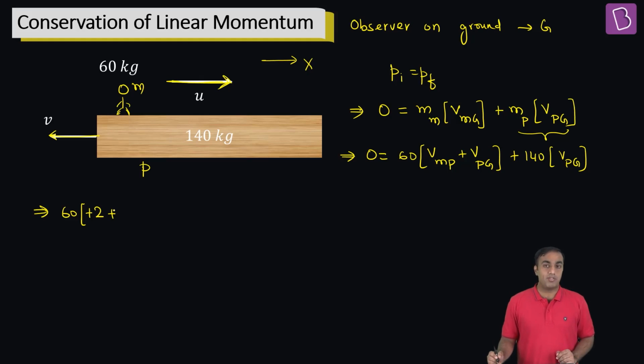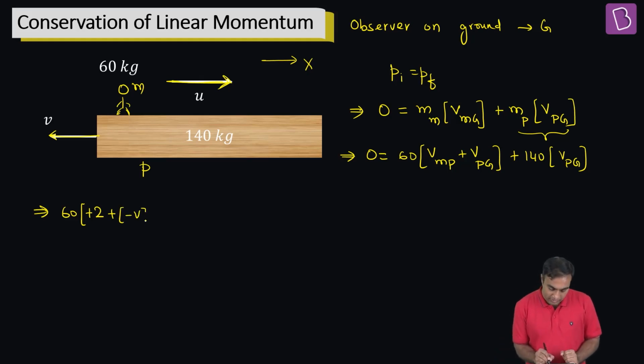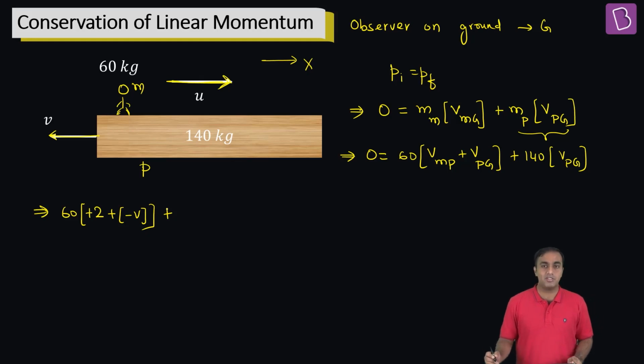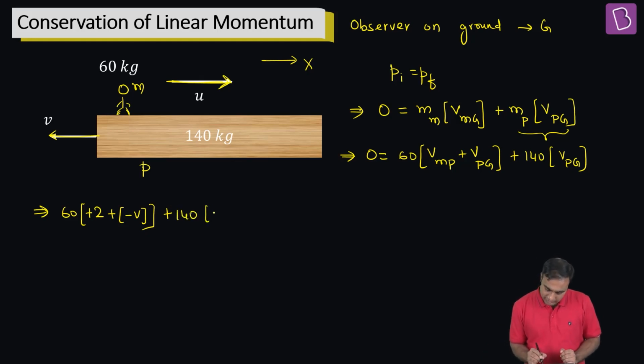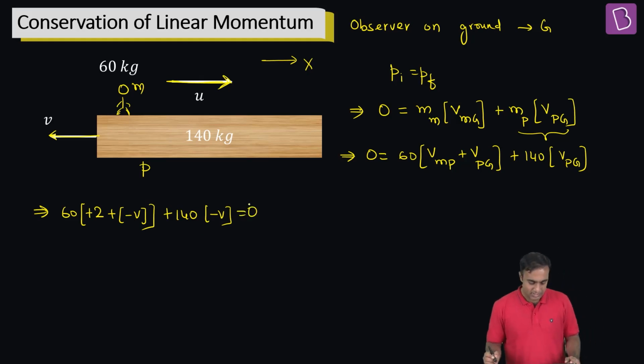We see that the platform moves along negative x-axis with velocity magnitude v. So I will write it to be minus v. I'm just following the sign convention that we decided to adhere to. Plus 140 into what is Vpg, minus v by the same convention, of course, and that's equal to 0.